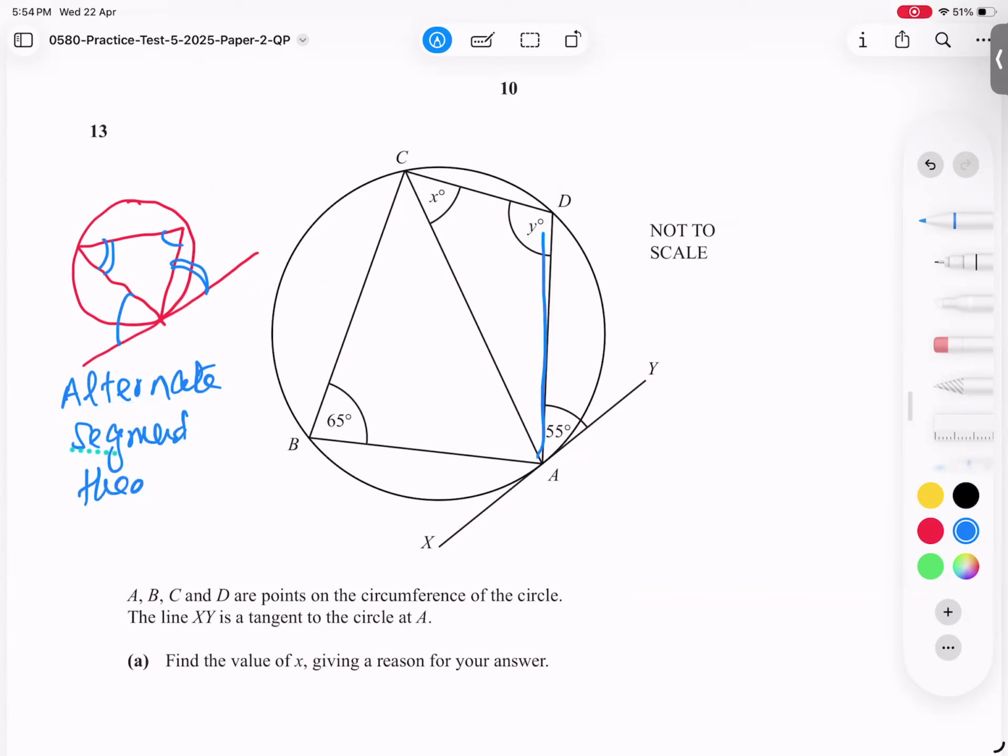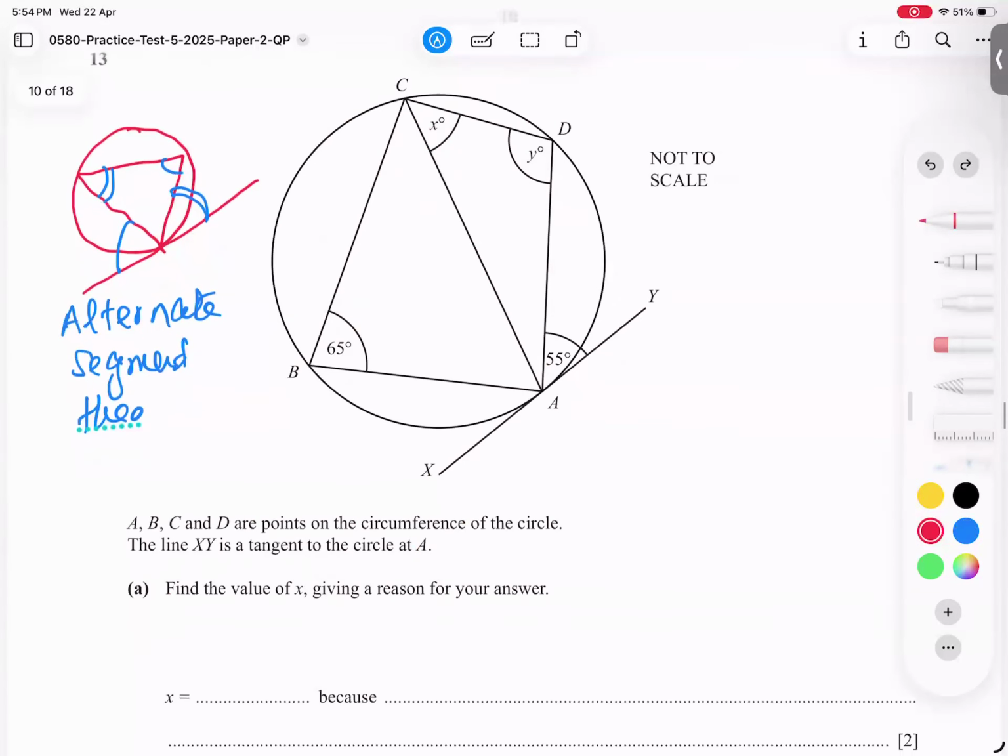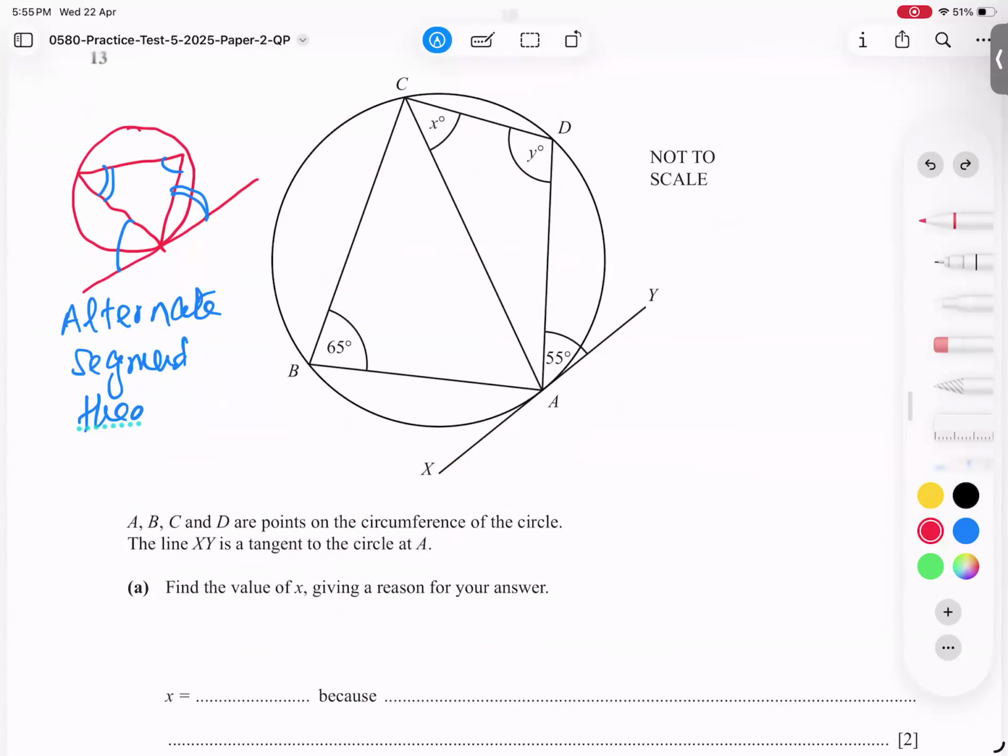If you look carefully at this triangle, this angle and this angle are equal to each other. I can write directly, and the answer is 55. Alternate segment theorem.